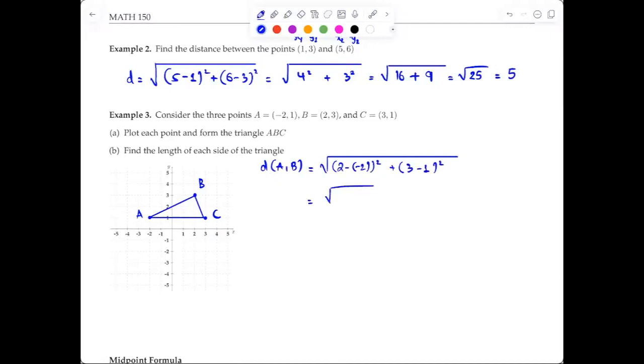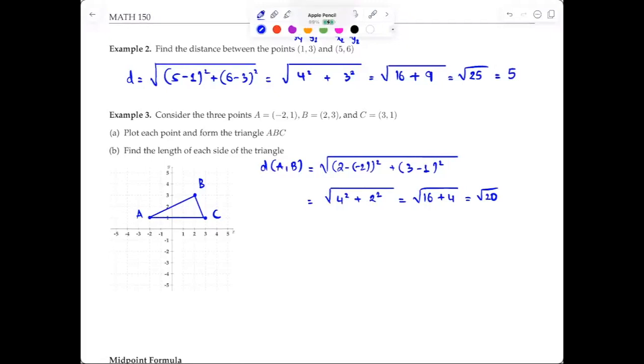So this gives me 4 square plus 2 square, equal to 16 plus 4, equal to square root of 20. Now can we do the distance between point B and C and distance between point A and C?